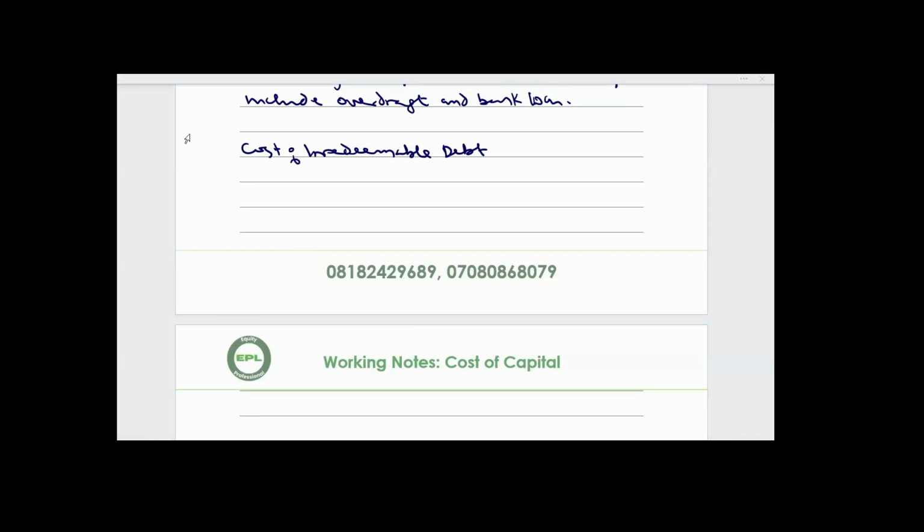So the cost of irredeemable debt is computed as the ratio of fixed interest to ex-interest price, depending on whether there is tax or not. Let me just put it down.